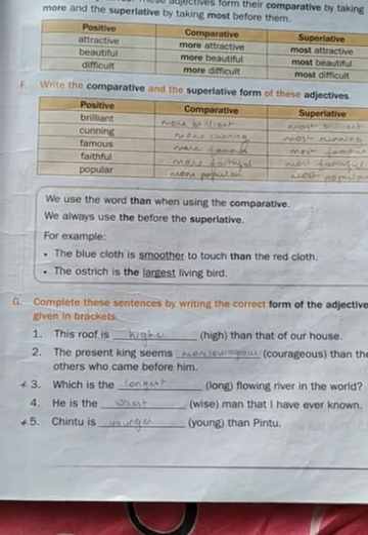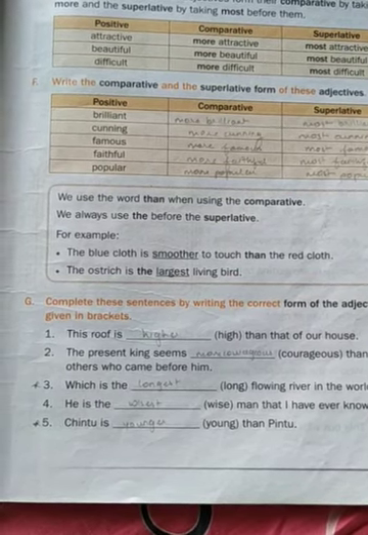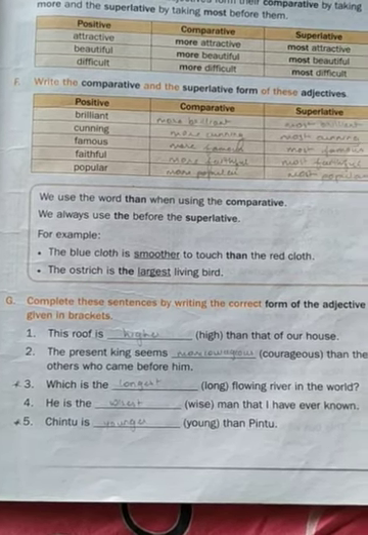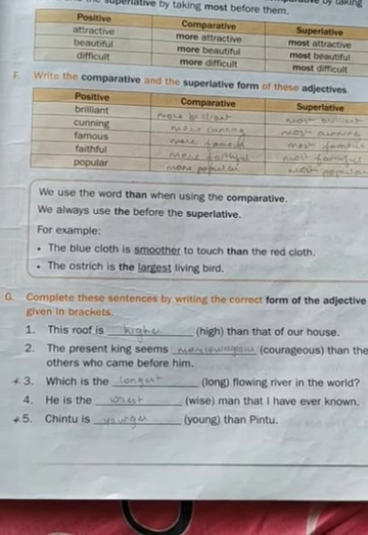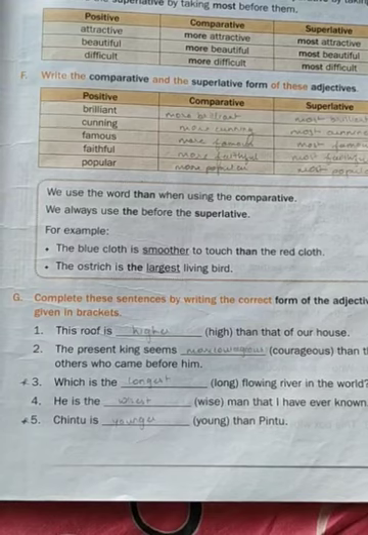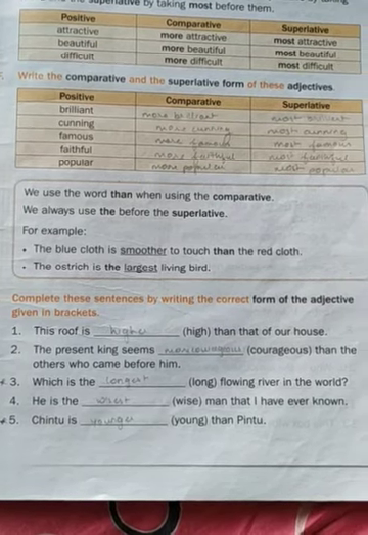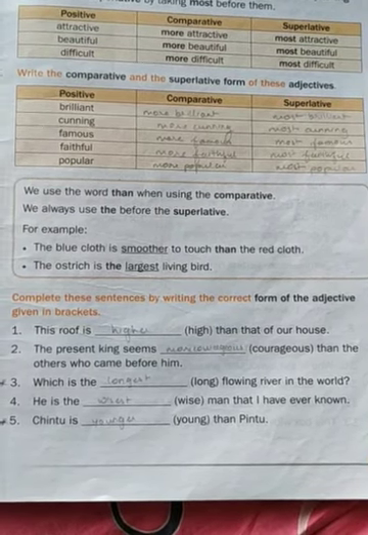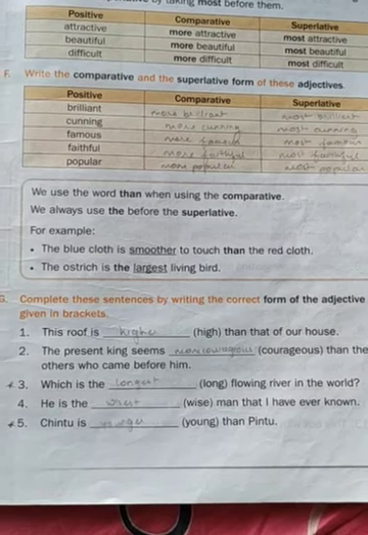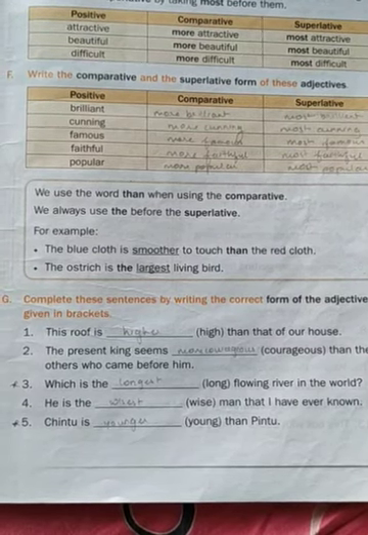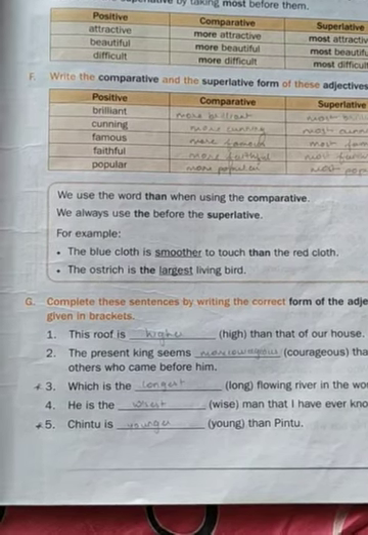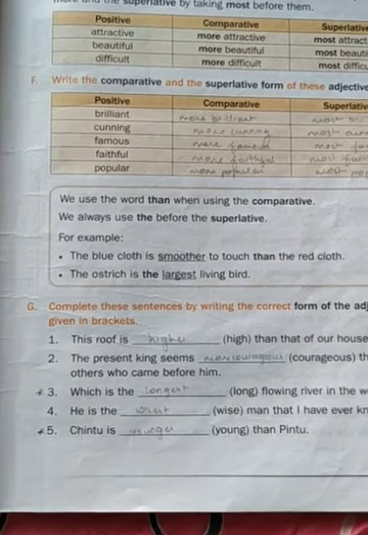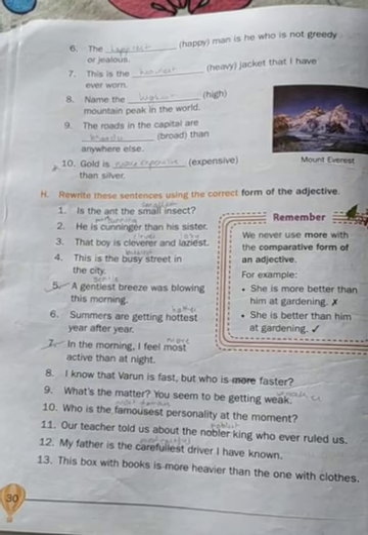The answer will be more courageous. Which is the dash long flowing river in the world? Longest. He is the dash wise man that I have ever known. Wisest. Chintu is dash young than Pintu. Younger. Okay.